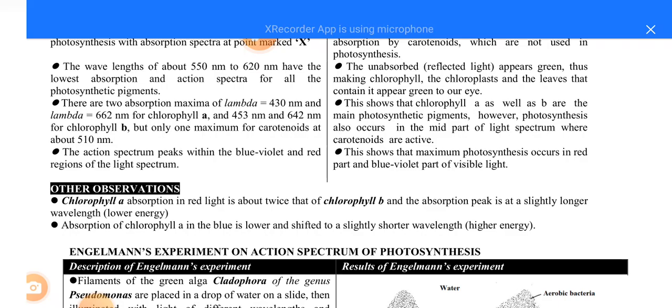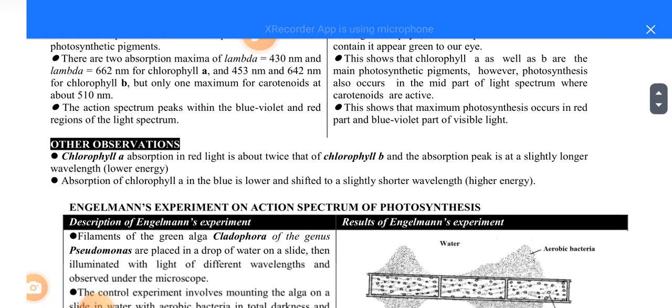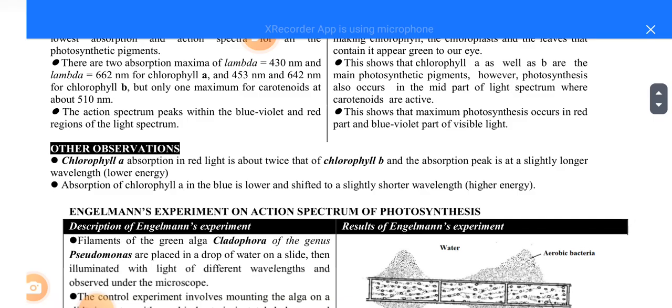Then another observation is that chlorophyll A absorption in the blue is lower and shifted to a slightly shorter wavelength, in brackets high energy level. So I'm ending this session now. We shall begin another experiment on the action spectrum of photosynthesis.